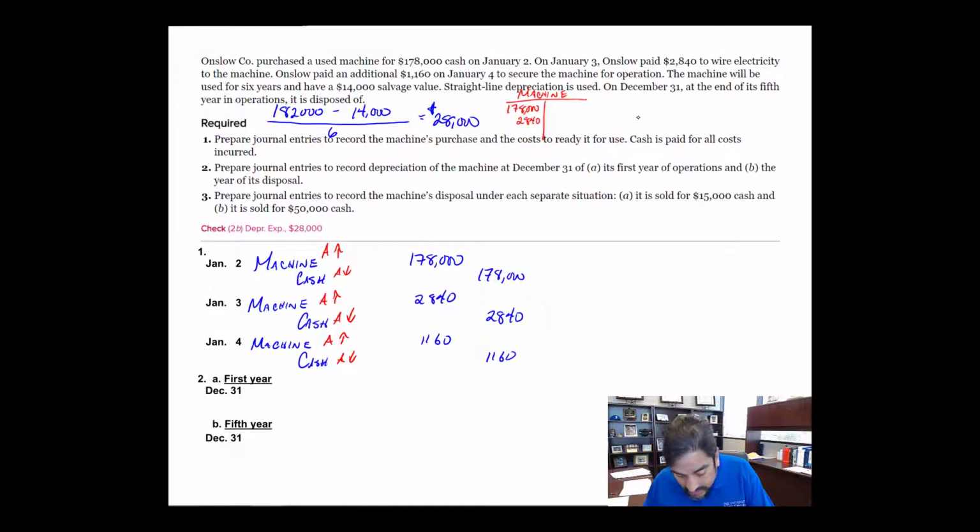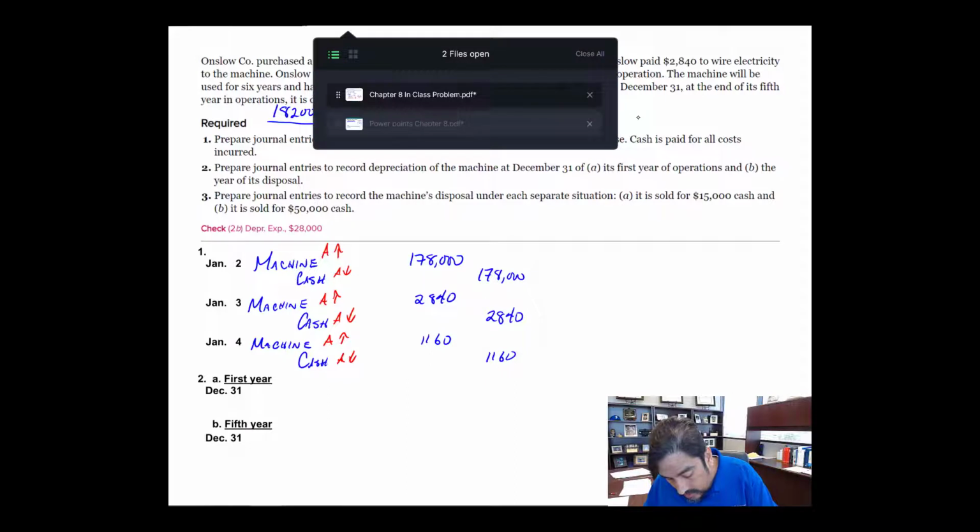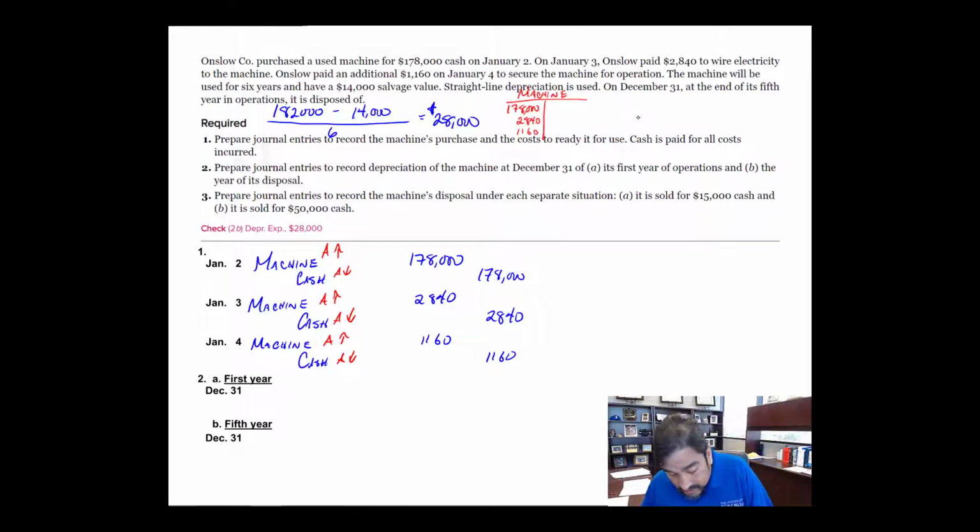And on the 4th, we did 1160. And that total, so sometimes this is how we see totals. That total is 182. So there's the T account for the machine.